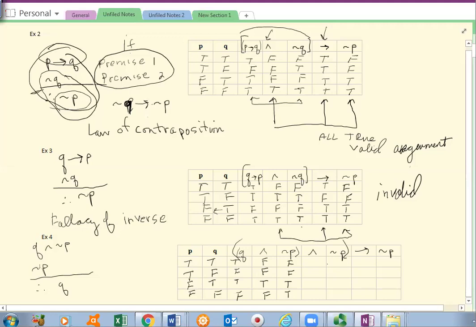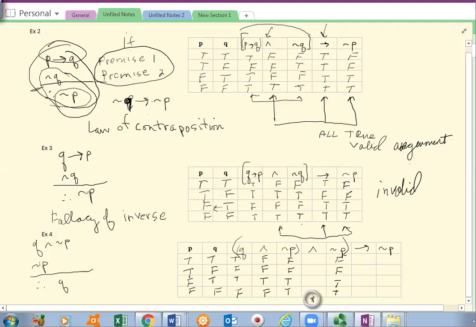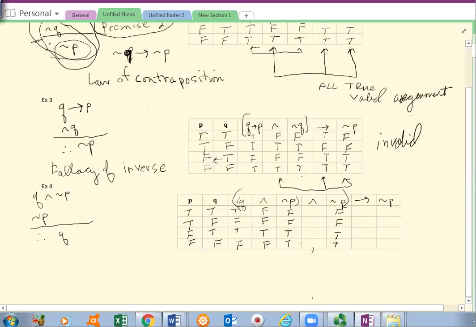Now let's put that not P in over here, which would make this a false, false, true, and true. And now this last column will be based on this and this.